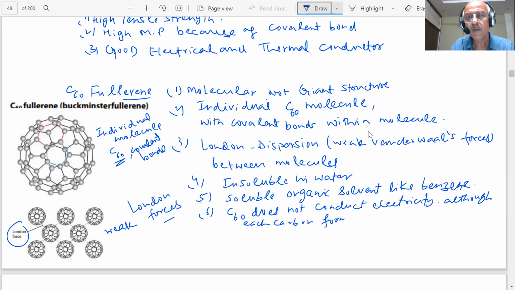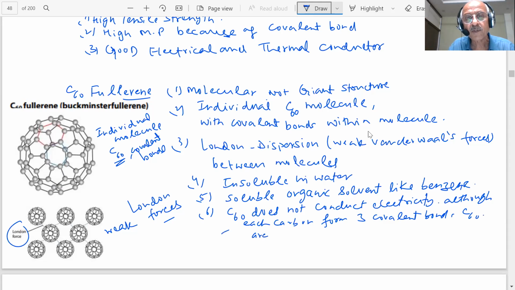There is a localization of electrons over the molecule. The molecular structure means electrons are not able to move from one molecule to the next.